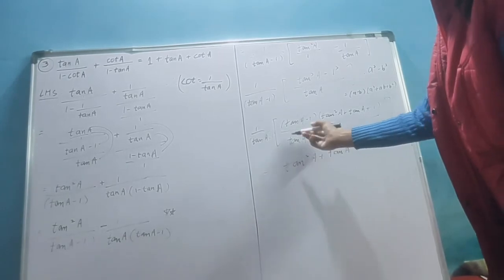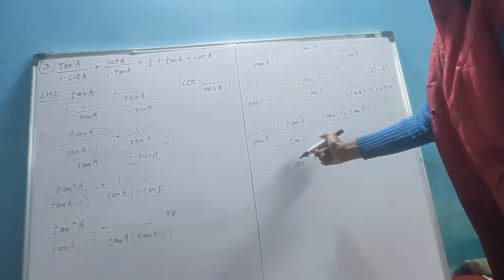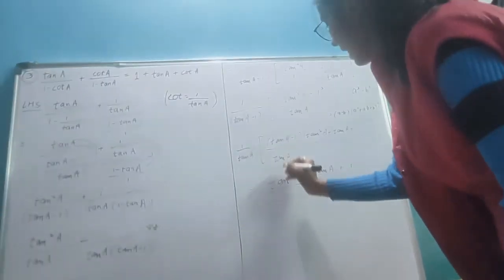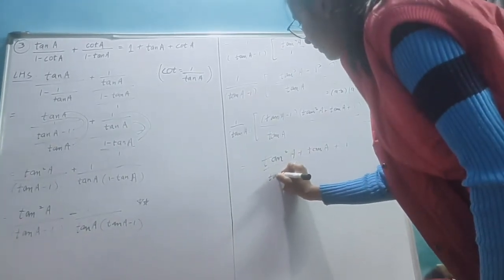This tan A which is in the denominator, I am going to write it separately under each and every term.